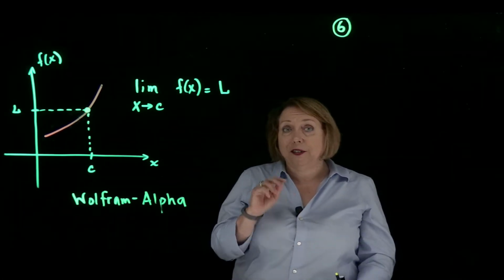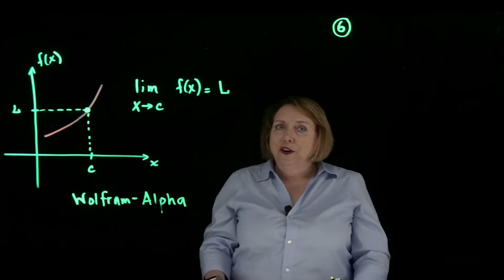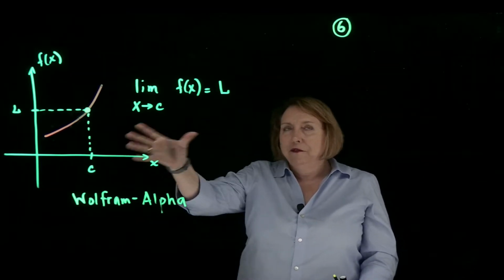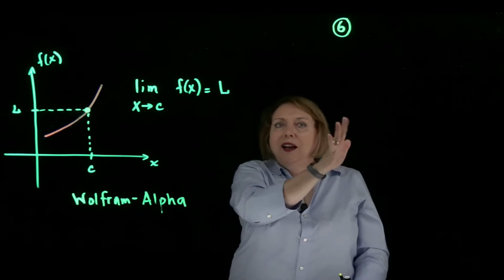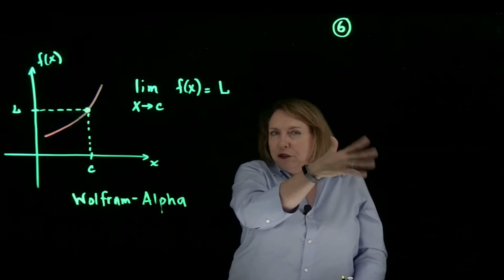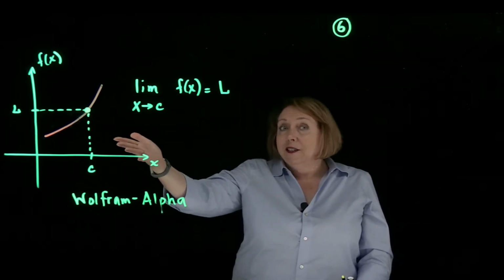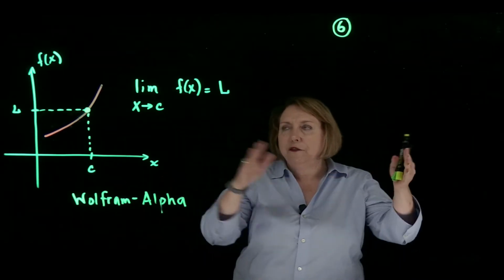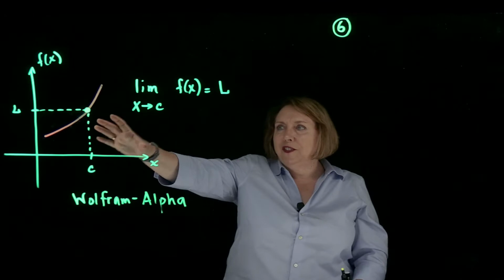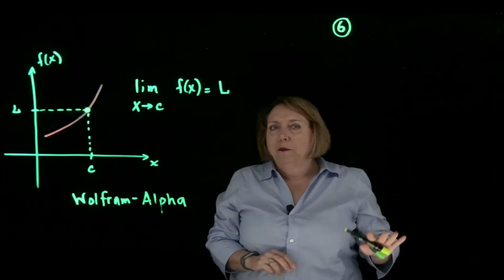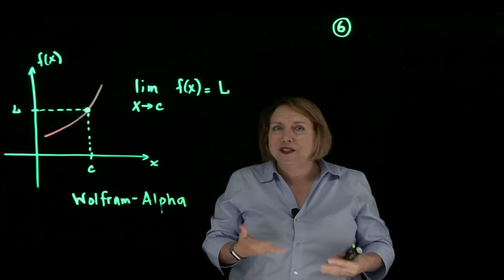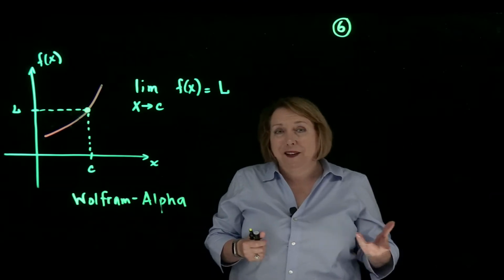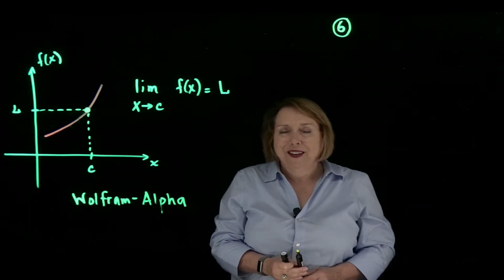But more importantly to me, it'll graph it for you, and it'll help you see if your answer that you found through algebraic manipulative measures like we've done is correct, and you'll see the graph of the function, so you can put the visual along with the computational together to make sure that you are understanding why the limit is what you are getting.